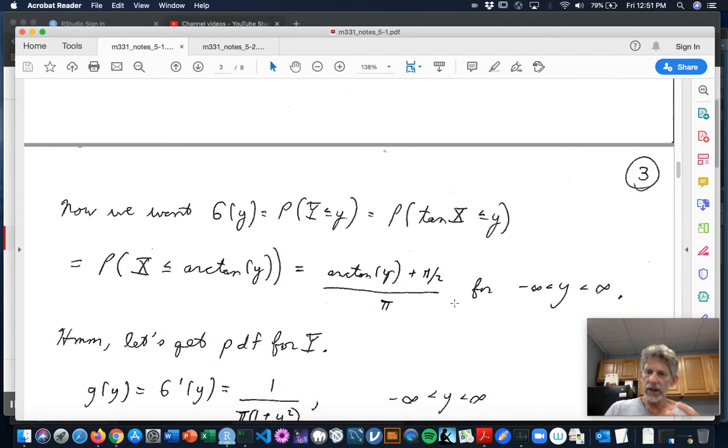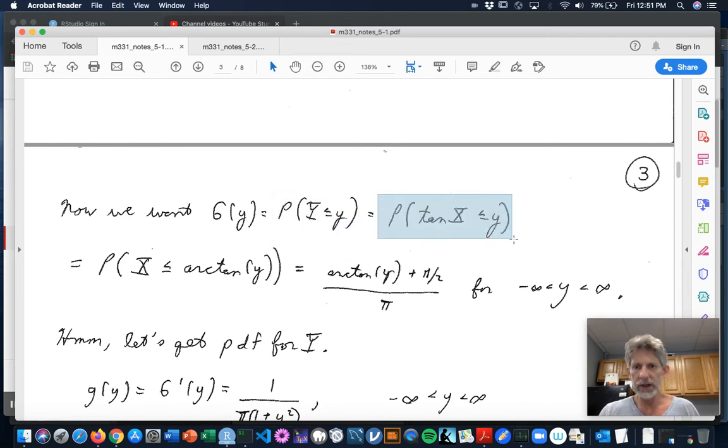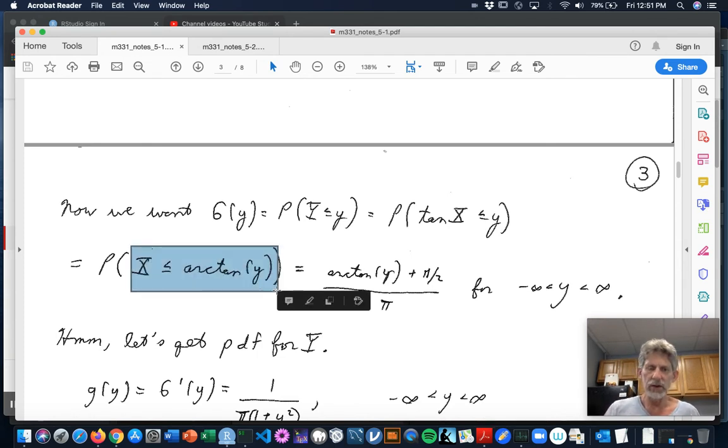So let's head to the CDF technique and see if we can grab the CDF for capital Y. The CDF for capital Y is capital G of y, the probability that Y is less than or equal to y. That is the probability that tangent of X is less than or equal to y. Back solve for x: we're looking at the probability that X is less than or equal to the arctangent of y.